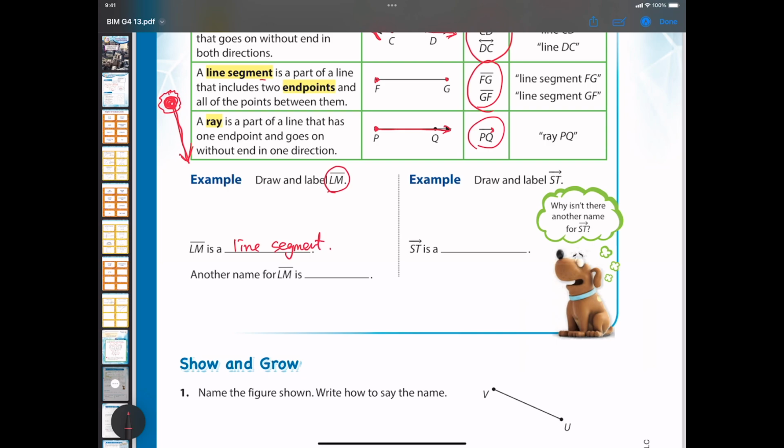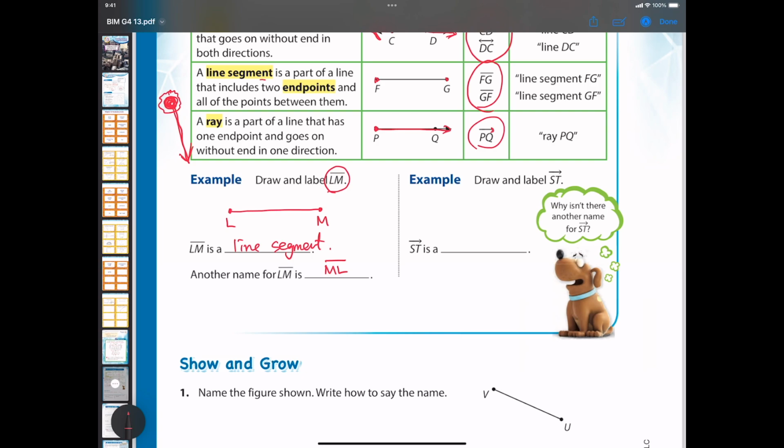All right, so another name for line segment LM is what? Line segment ML. You see that? So you need to draw these 2 points, right? And connect. 2 ending points. That's what a line segment is. And you can name it LM.